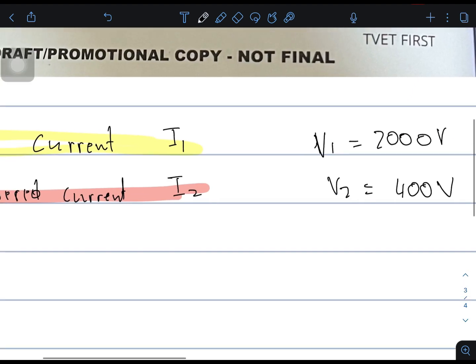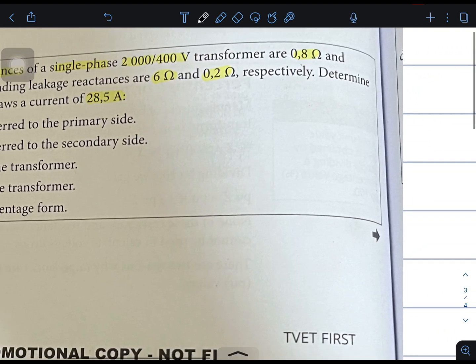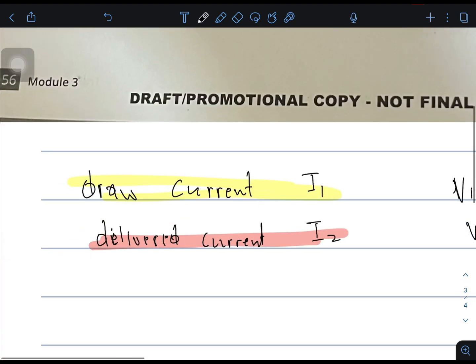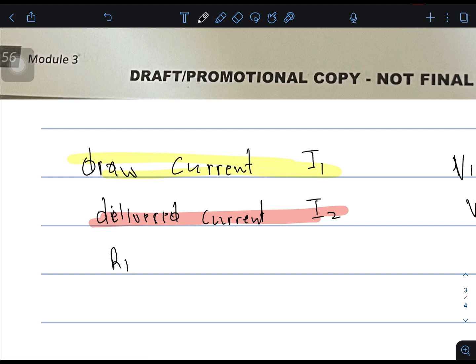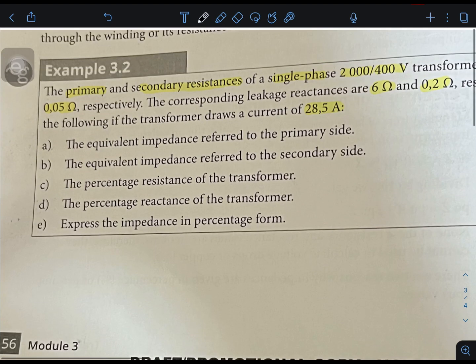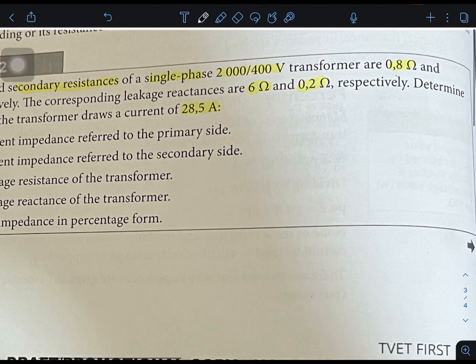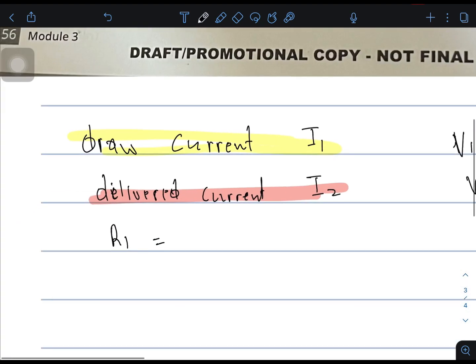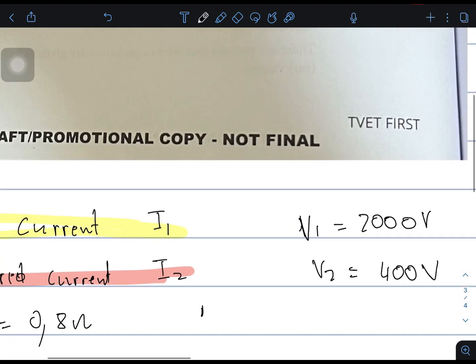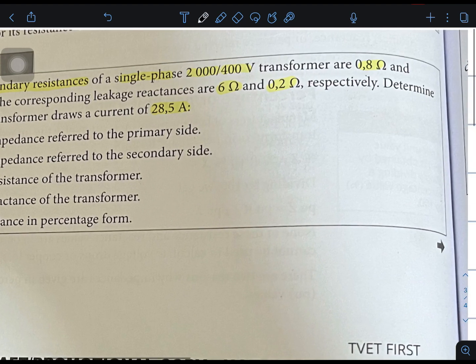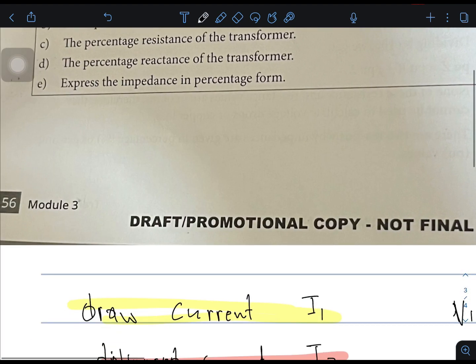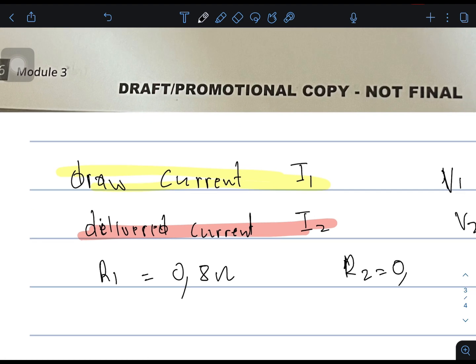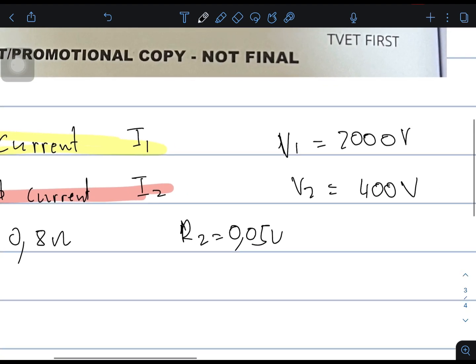Then we have resistances: R1 is equal to 0.8 ohms, and R2 is equal to 0.05 ohms.